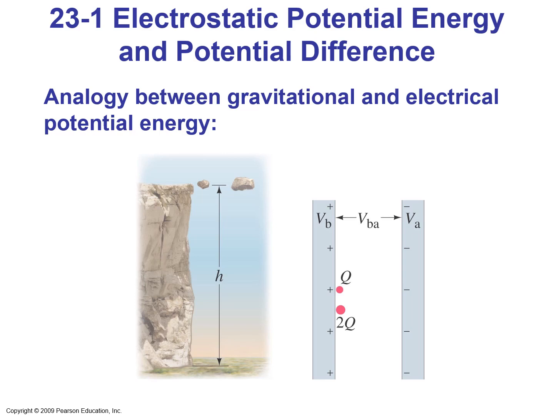On the right we have the electrical potential energy, represented with U, which is the difference between the point with potential VB and the point with potential VA, multiplied by the charge.